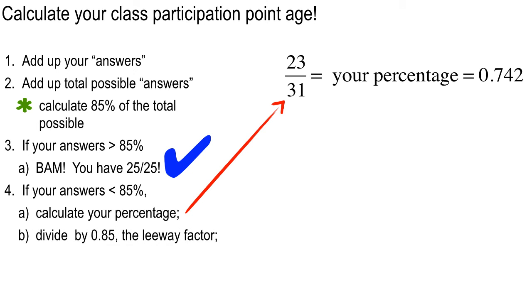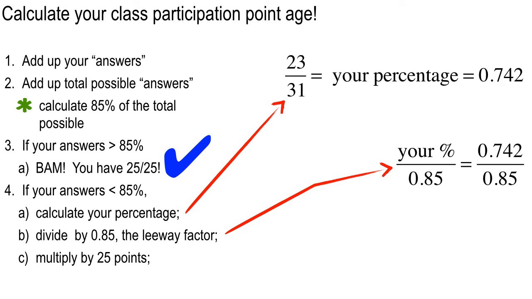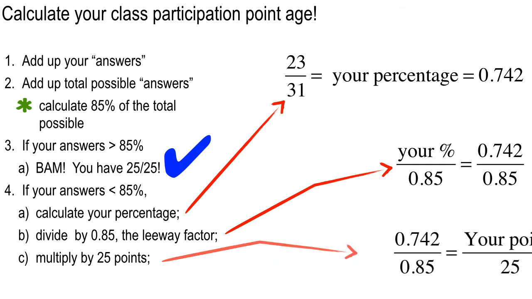All right, divide that by 0.85, the leeway factor. So you take your percentage and divide it by 0.85. So in this case, 0.742 divided by 0.85. That is part of a proportion that you need to solve in order to figure out your 25 points. So now you take the result of that quotient and multiply by 25, and that'll give you your points.